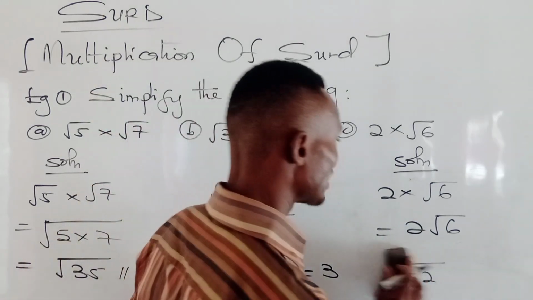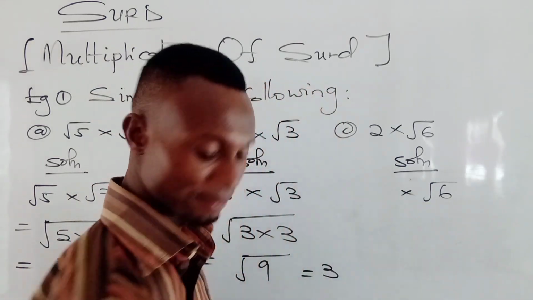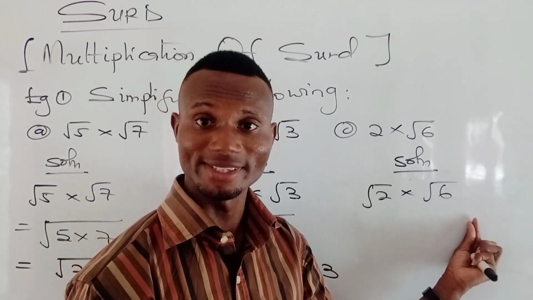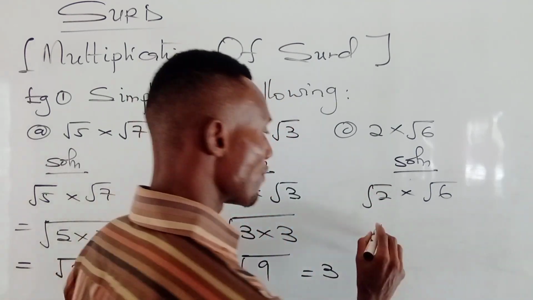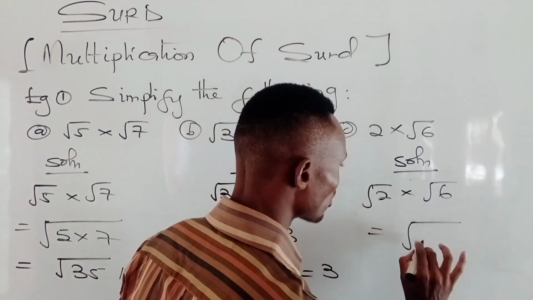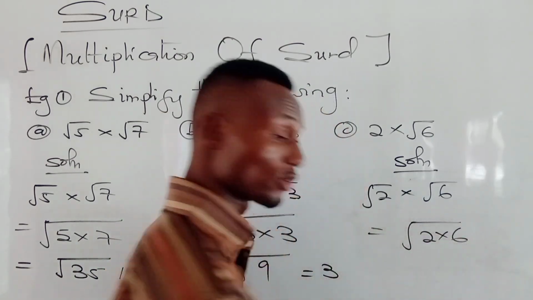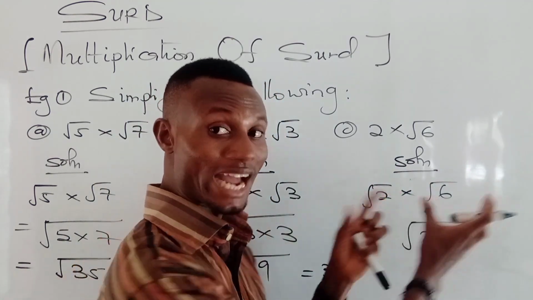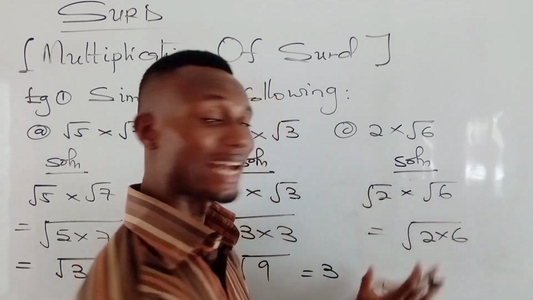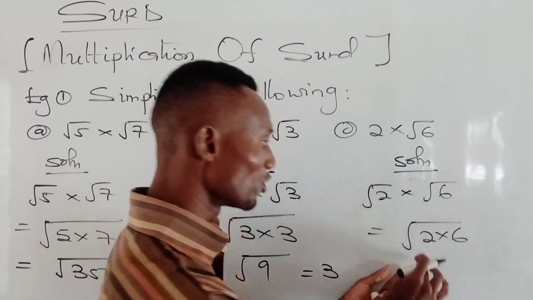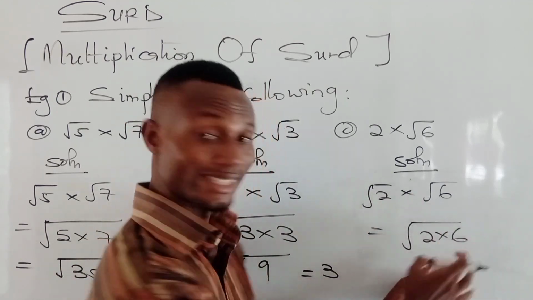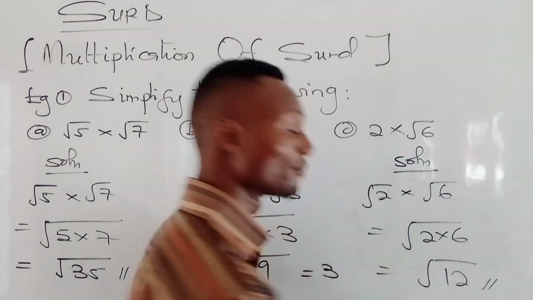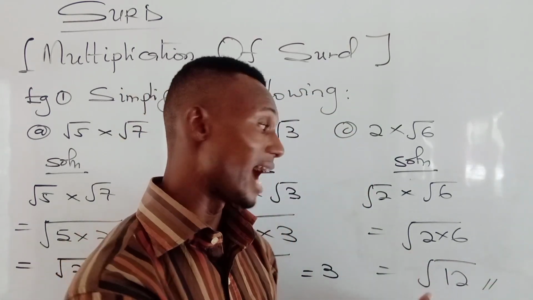Let's say the question was square root of 2 times square root of 6. Then we can do it as square root of 2 times 6. Why? Because both of them have a square root sign and they are multiplying, so they come under the same square root sign. So square root of 2 times 6 gives you square root of 12, and this becomes your final answer.